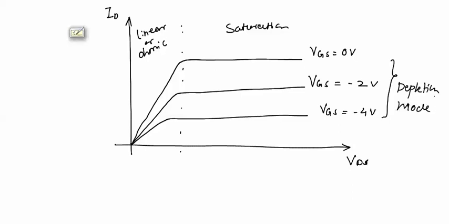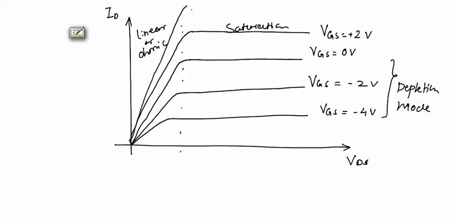Now if we apply positive VGS, the drain characteristics will be above this curve. This will be for VGS equal to positive 2 volt, and if we further increase the positive gate to source voltage, VGS will be equal to plus 4 volt. So these curves will belong to enhancement mode.